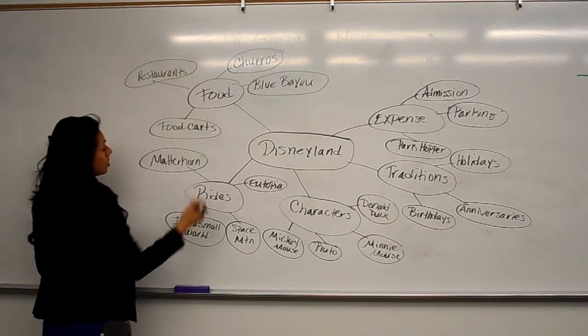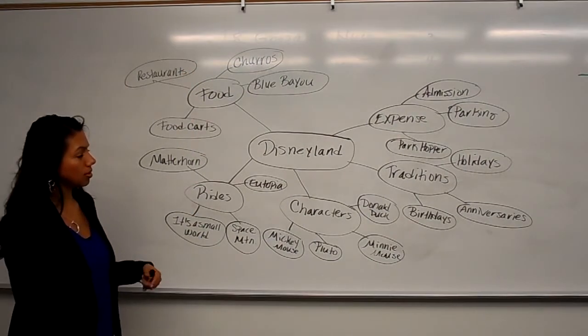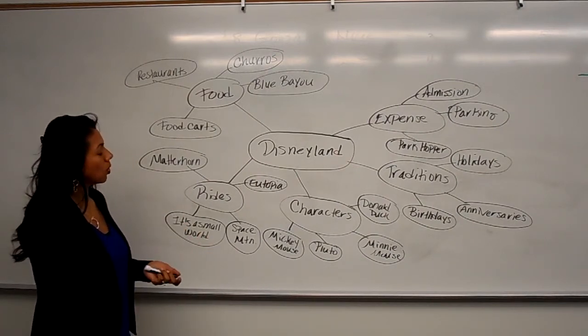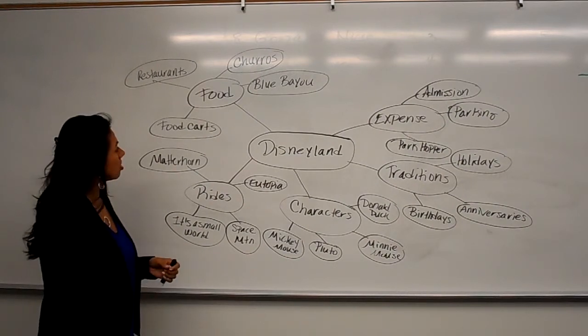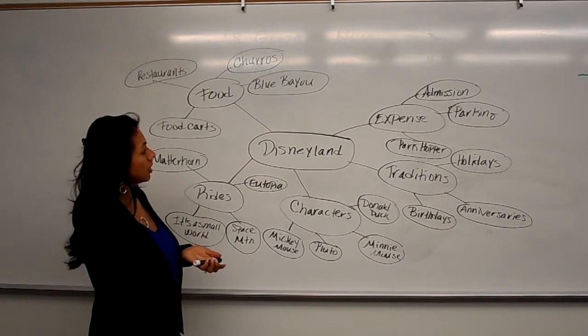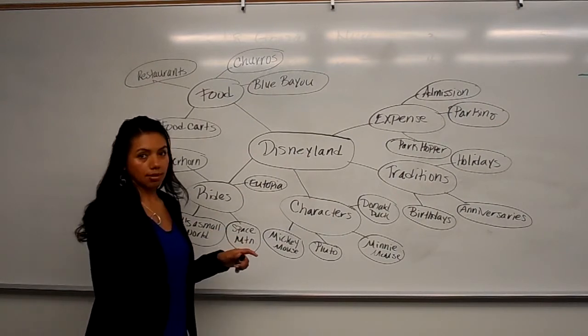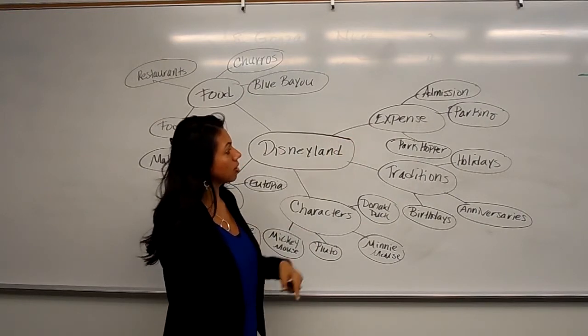Okay. So once you've exhausted your clustering, what you do next is you make an assessment as to whether you have more reasons supporting a decision to go to Disneyland or a decision to not go to Disneyland. So in this case, everything seems to be very favorable for making a trip to Disneyland, with the exception of one. In this case, it seems like the expense is a deterrent for going to Disneyland.